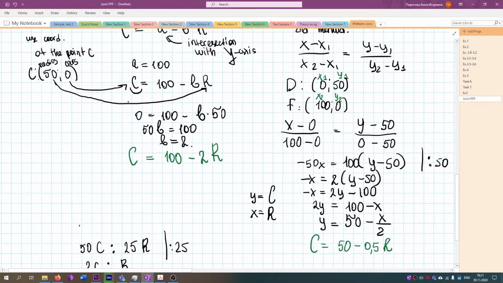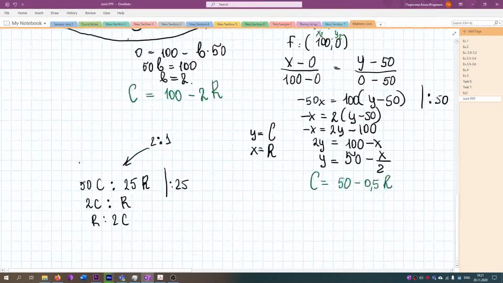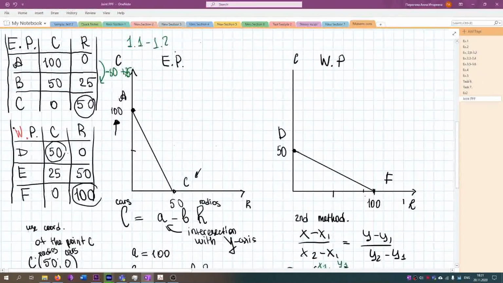So that's why this ratio is equal to 2 and 1. So we can obtain it from the graph if you want.